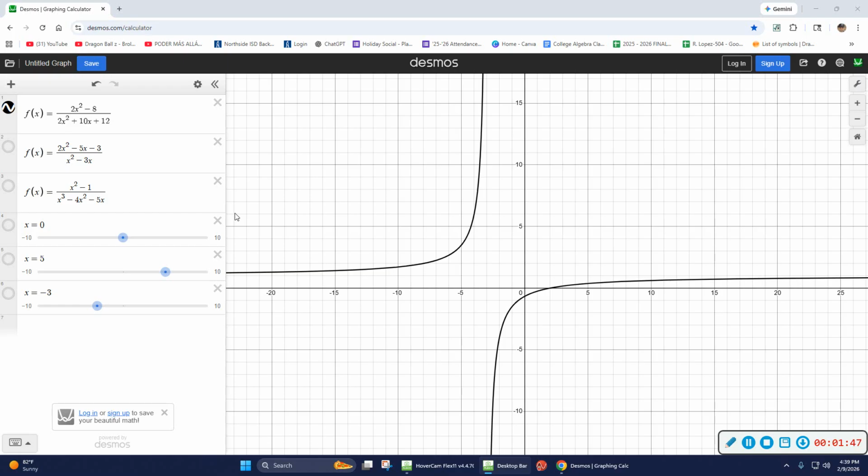Now that I factored out a common factor, I can factor these as well. Factor the numerator, factor the denominator. The numerator, x squared minus 4, is going to be x plus 2, x minus 2. And then the denominator, 2 times x plus 3, x plus 2.